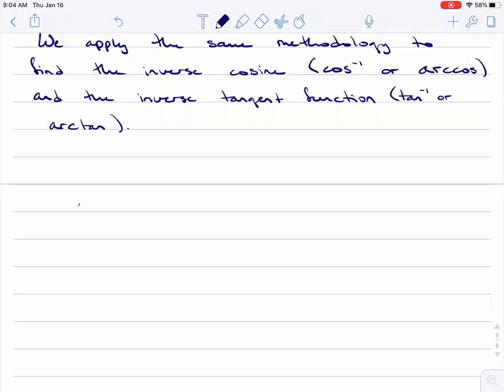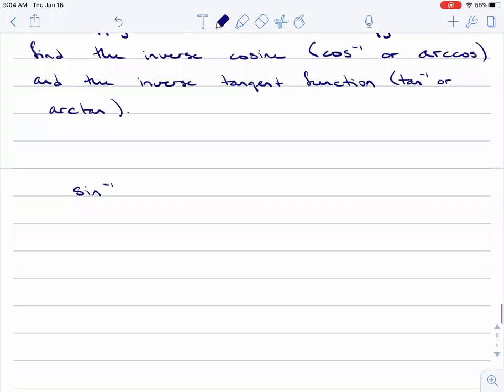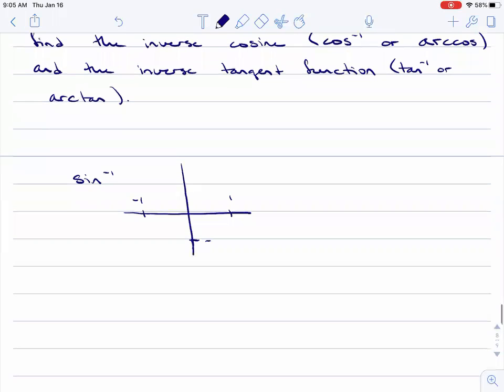And so the inverse sine is going to look something like this. It goes between -1 and 1, and it has a range between -pi/2 and pi/2.